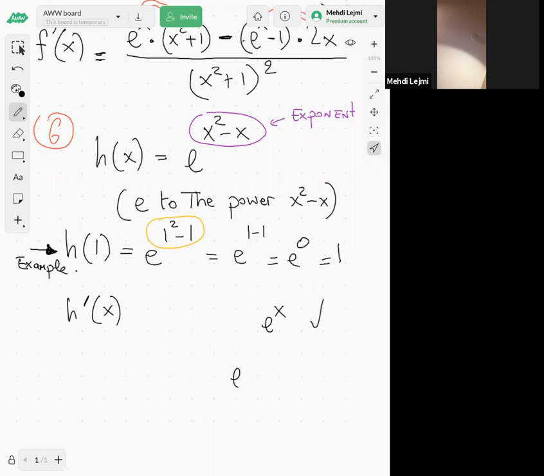This is e to the x squared minus x, right? So the derivative of this is not just e to the x squared minus x. So now the question is, which rule are we going to apply to compute the derivative of this?